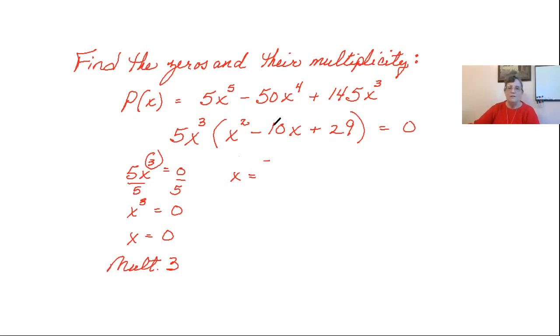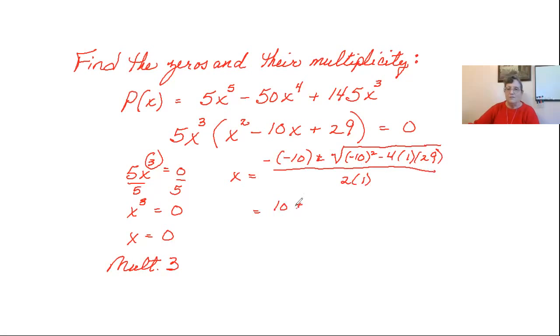So I've got negative b, negative 10, plus or minus the square root of b squared, negative 10 squared, minus 4 times a times c, all over 2 times a.